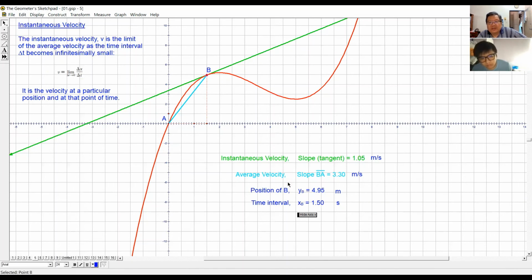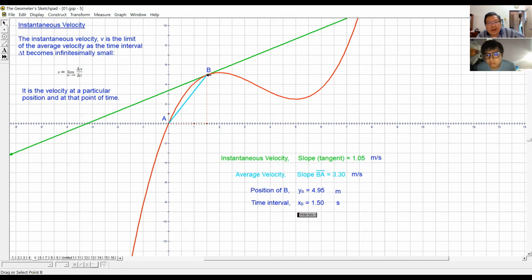So the slope of the tangent, it is this one, 1.05 at this position. What is the average velocity from A to B? Now you see it is over a time interval from A to B. That means it is from 0 until 1.5. So the average velocity is this one, 3.3 meters per second.